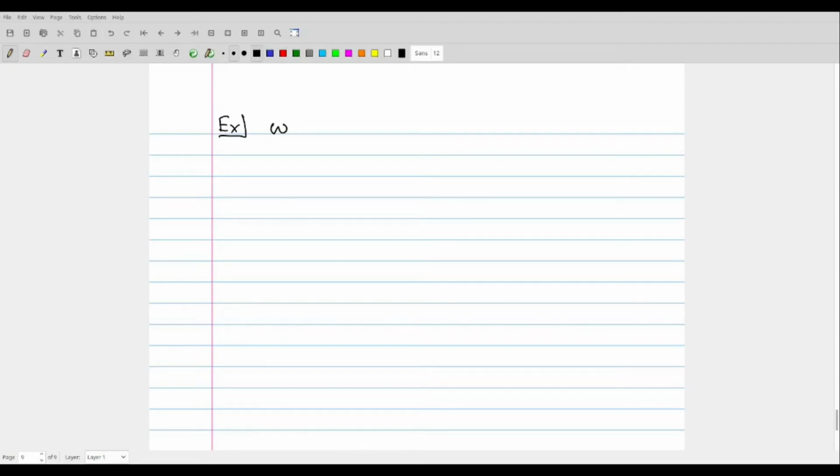Maybe we'll do two more examples. We'll see. We'll do f of x, y, z is equal to cosine of pi times the square root of x squared plus y squared plus z squared, minus 1.